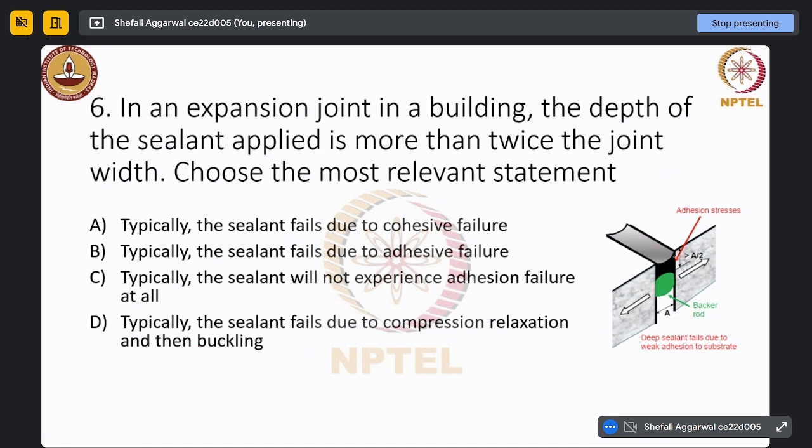See, this is the case. If this depth is twice the width of our joint, then what will happen? It will cause some pressure onto the concrete surfaces. If pressure is applied, then what happens? Our sealant will fail at this point, and it will cause adhesion failure.